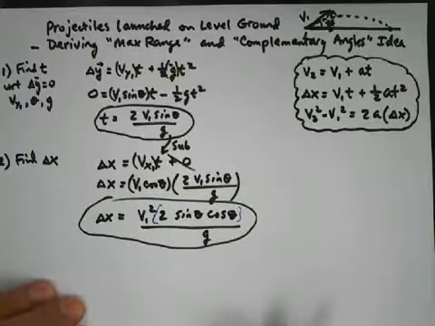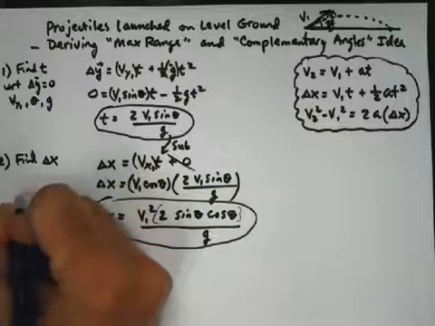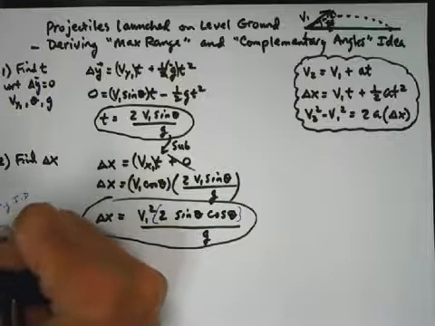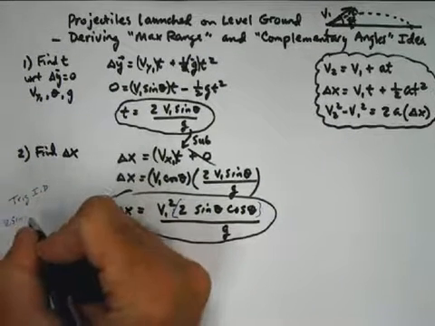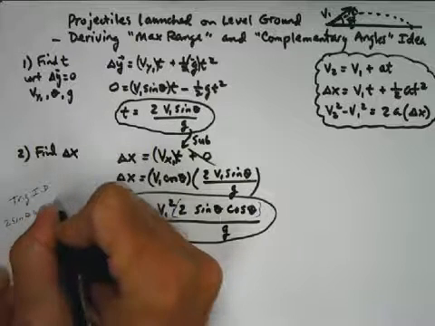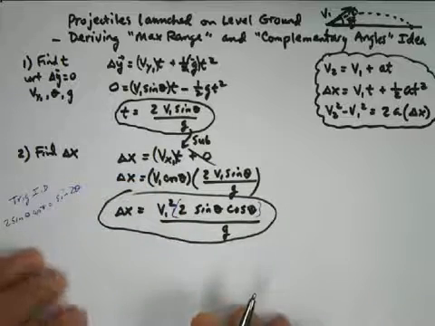Does anybody remember what that trig identity is? 2 sine theta cosine theta is equal to sine of 2 theta. So I could just replace that part.